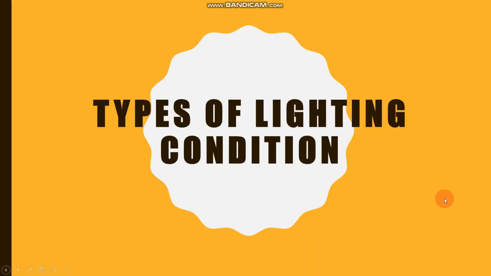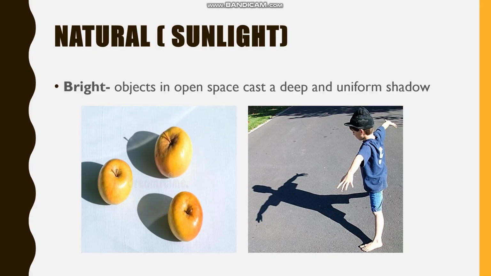Next, types of lighting condition. So, mapapag-usapan na natin dito si natural and si artificial light na binabanggit natin kanina, yung source of incident light. First is the natural source of light. Wherein, di ba, ano ba yung pinaka most common or most popular and mostly used na light source natin, and that is the sunlight.